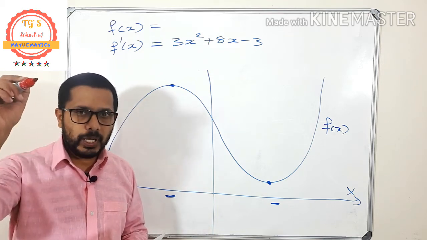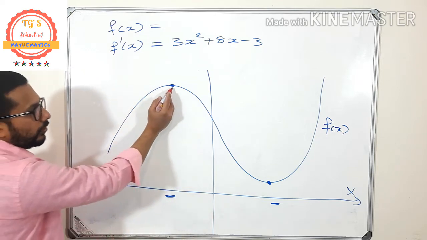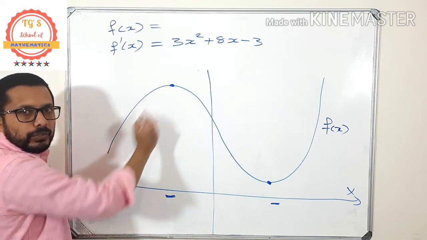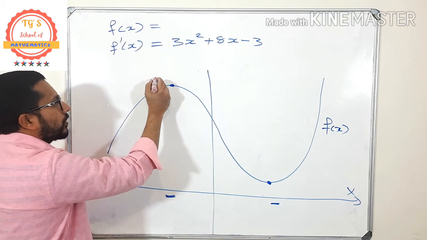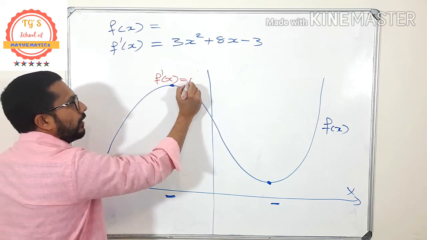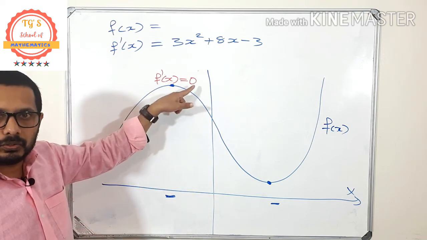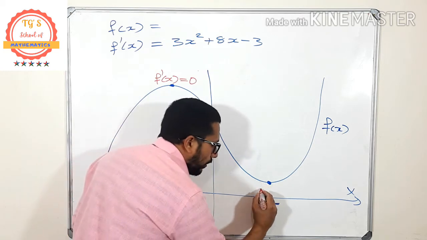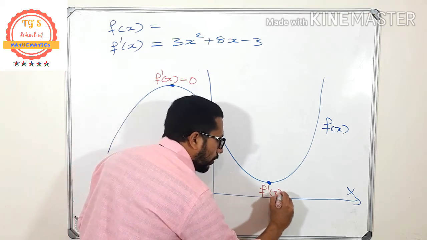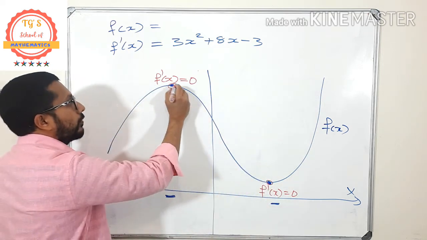At maximum and minimum, the first derivative is equal to 0. So here you can see that this is the maximum point of this graph. Okay, so what is the first derivative? At that point, first derivative is equal to 0. You know, first derivative is f dash of x is equal to 0. So what about here? F dash of x, here also f dash of x is equal to 0 at these particular points.